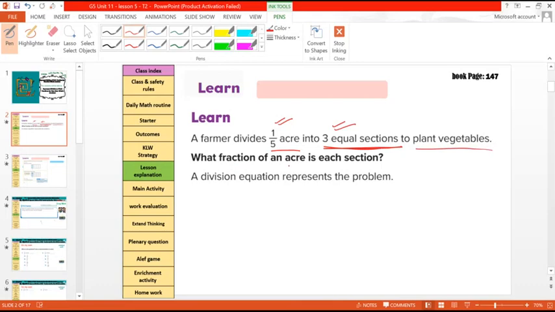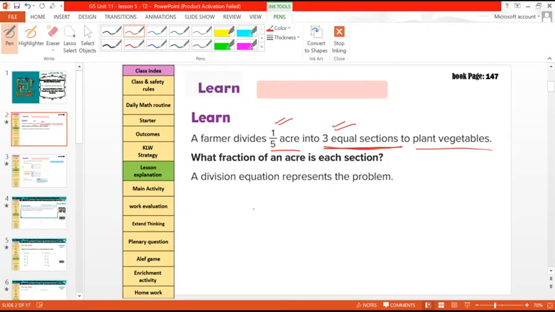Please underline the two important numbers here: one fifth acre and three equal sections. What fraction of an acre is each section? An acre is a unit to measure land. So here a farmer is dividing his one fifth acre land into three equal sections.